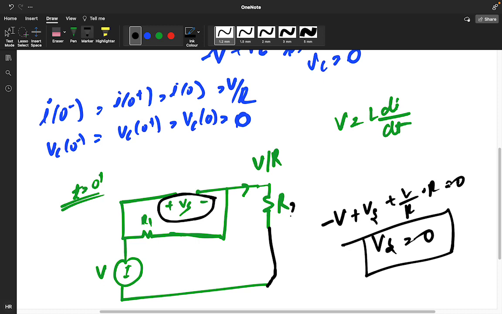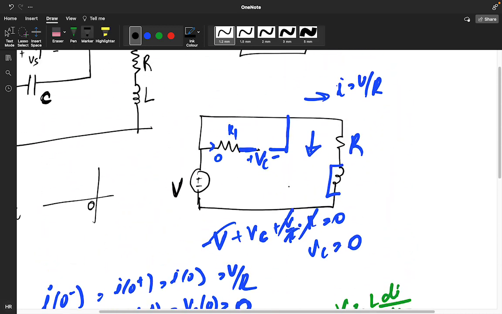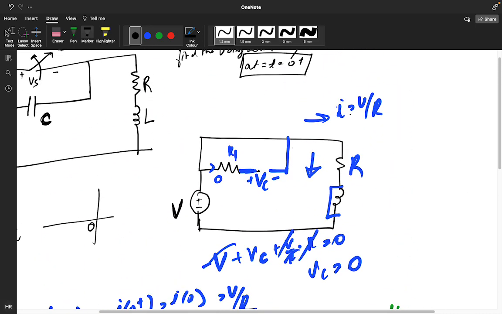Suppose this is your R2 value. I am getting a current through this branch, which I am assuming as V by R2.